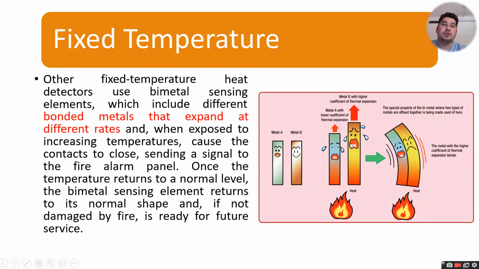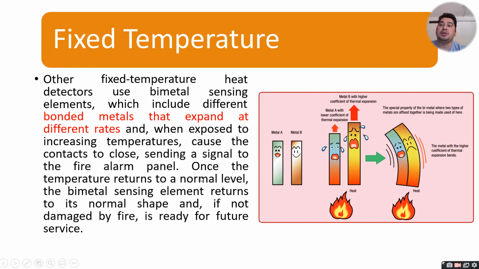Whenever they come into contact with the heat, the special property of the bimetal, where two types of metals are affixed together, is made use of here. The metal with the higher coefficient of thermal expansion will bend. So whenever they come into contact with the heat, they will start to bend.